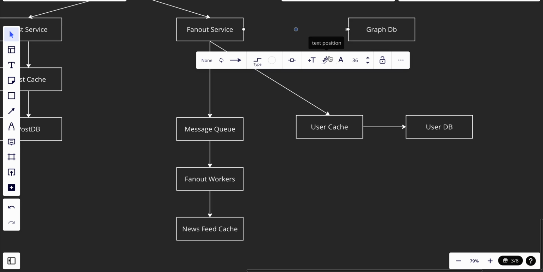So first, we get the friends' IDs. Okay, so we fetch friends' IDs from the graph database.